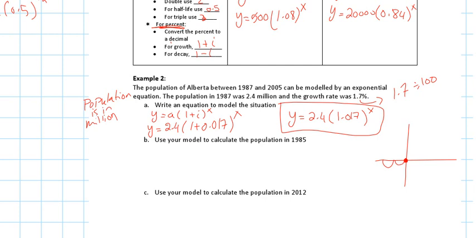-2. So what I do is I plug in -2 for my x. I don't change my rate, okay? Because I've already found the equation. The equation doesn't change. What you have to think about, since 1987 is my year 0, 1985 is 2 years prior to that. So I'm going to have to plug in -2 for x. Make sense? And your answer for this should be 2.32 million.